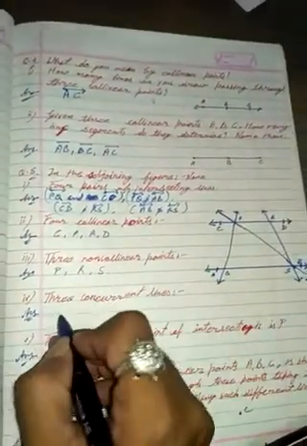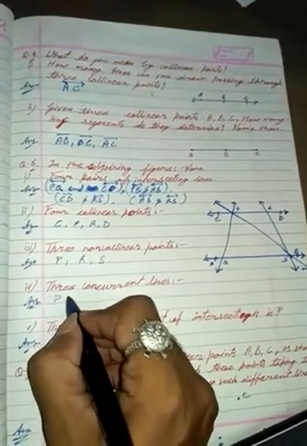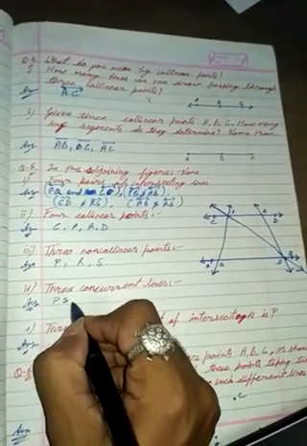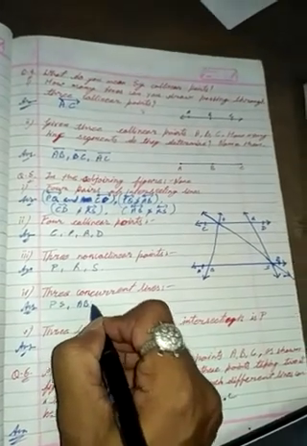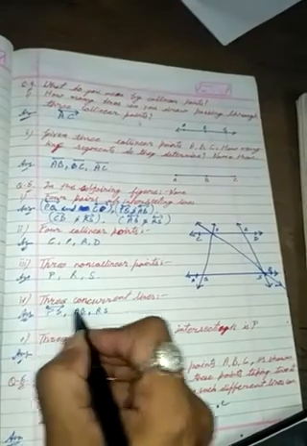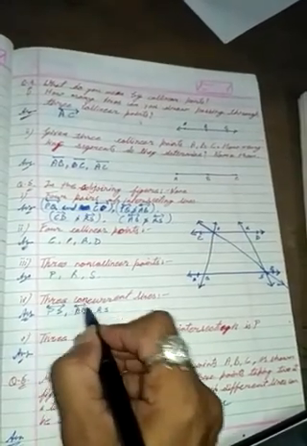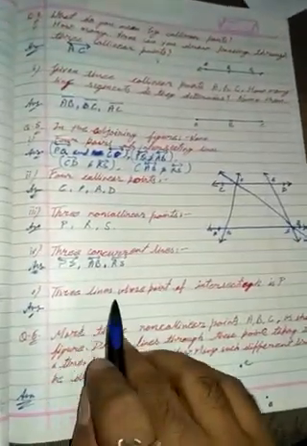Now we write here PS, AB and RS. Now put the line symbol.